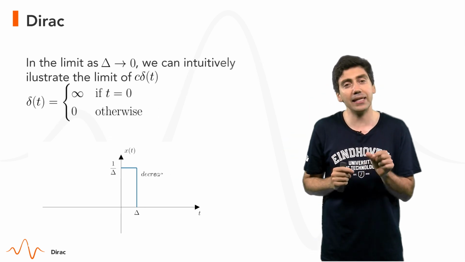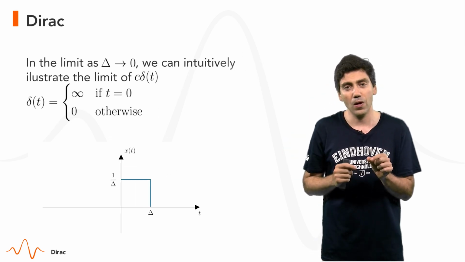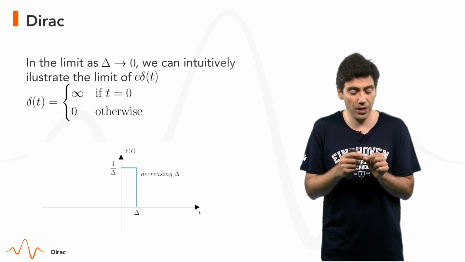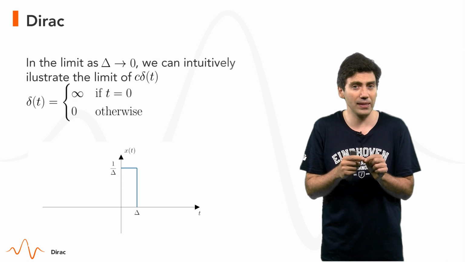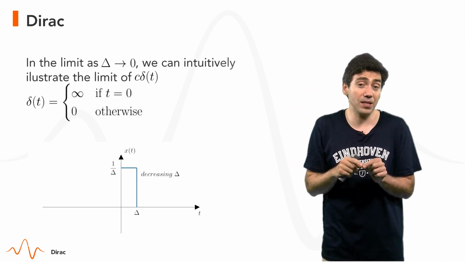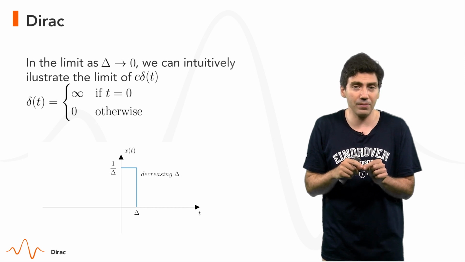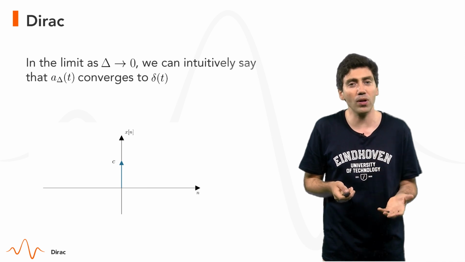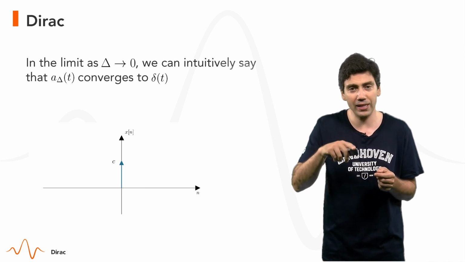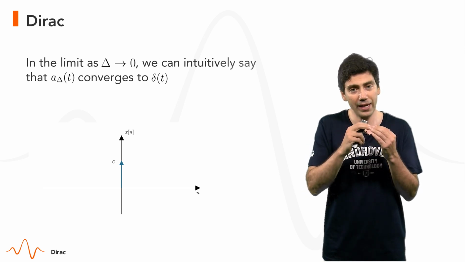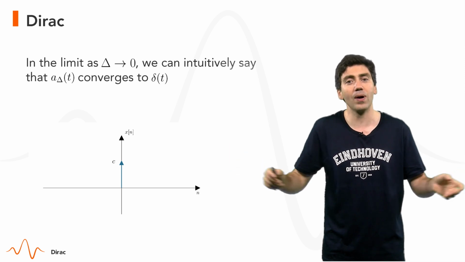In the limit as delta goes to 0, we can intuitively say that it will converge to infinity when time is 0, and will be 0 for any time t except t equals 0. So informally, we can write it in this symbolic notation where we put an arrow indicating infinity when t equals 0, and it's 0 otherwise.